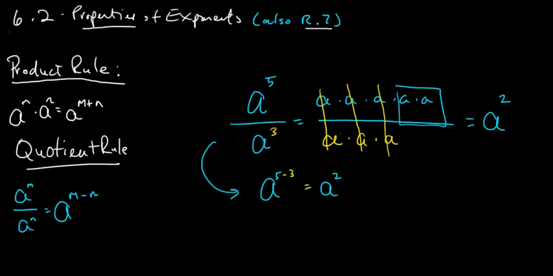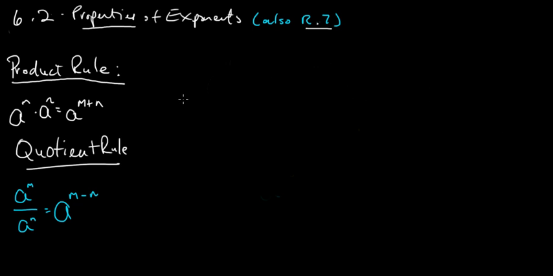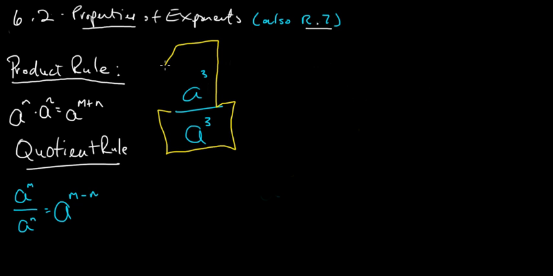And that makes a couple of very interesting situations for us. The first interesting situation happens when I have a, say, to the third power over a to the third power. We know that this is a number over itself, and that any time we have a number over itself, we have the quantity of 1. But how that conforms with our quotient rule is that I have a to the third divided by a to the third, that's a to the 3 minus 3.